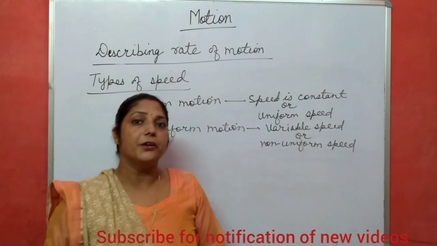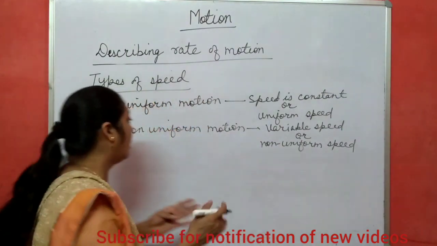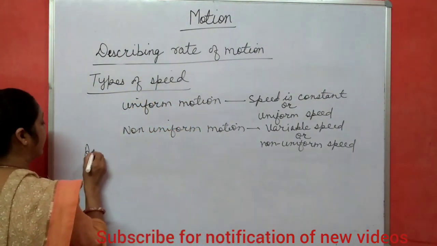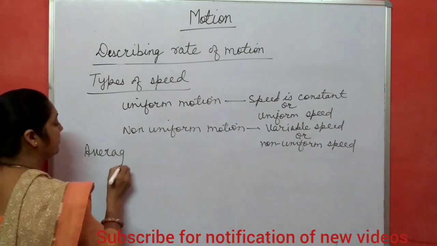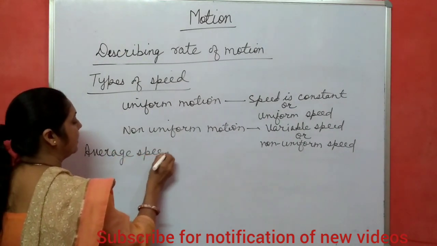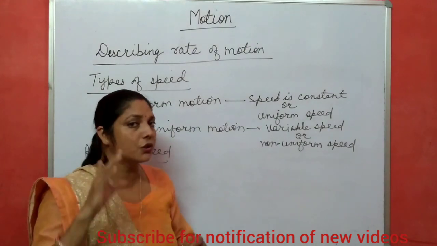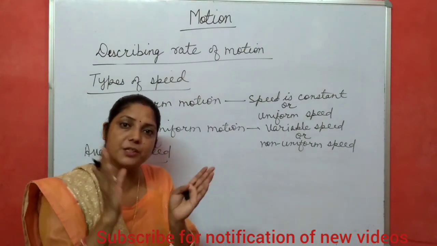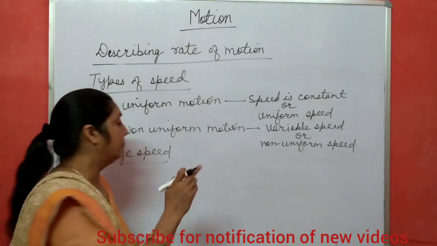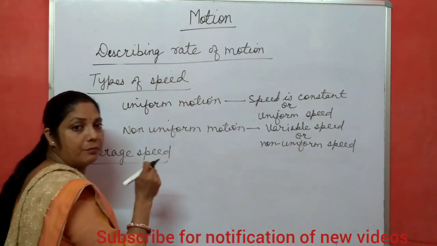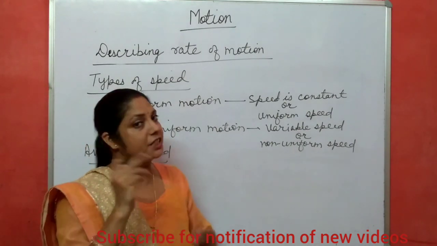So how do you find the average speed in case of non-uniform motion? Because in case of uniform motion, speed is constant, so speed and average speed are always equal. But in case of non-uniform motion, at different times, speed is different.